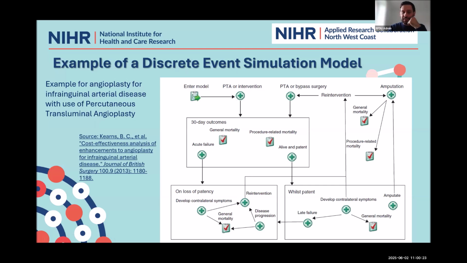What is important to consider is that compared with a Markov model, here you can have a consideration around the history of a patient. In a Markov model, whether people were, for example, receiving reintervention and coming from this scenario of loss of patency, or this scenario was patent, wasn't really considered by the Markov model.